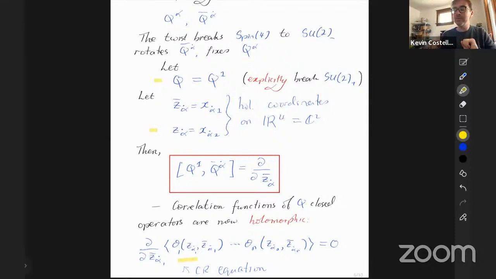Now I want to move to the kind of twists we're really going to be focusing on to do twisted holography.